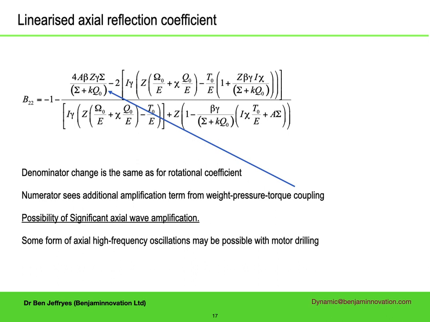Now this approximation assumes that the motor and the bit are short on a wavelength scale, and the lowest frequency axial waves reflected back by the drill pipe have a wavelength of about 20 meters. But this analysis does indicate that there is a mechanism for axial wave amplification by the bit, and can certainly explain how there can be high levels of axial vibration during motor drilling with a PDC bit.